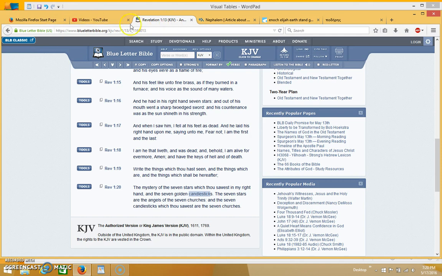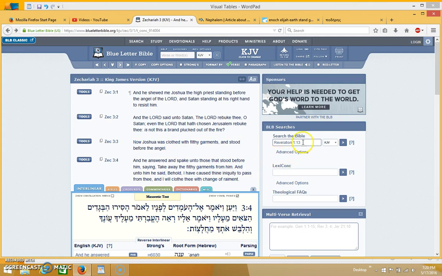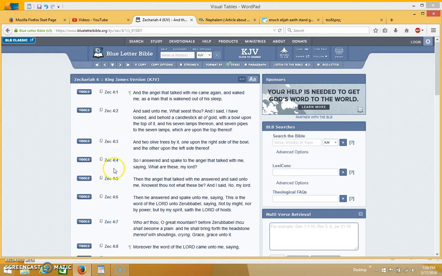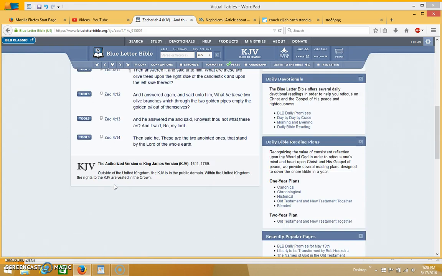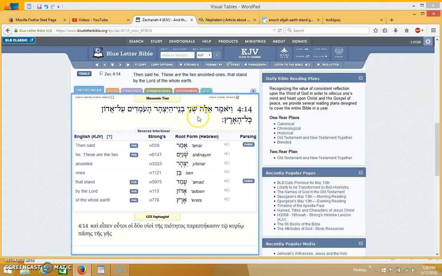And when you go back to Zechariah 4, you'll see that there's a direct link there as well to the New Testament, and that's actually in verse 14, where it talks about the 2 anointed ones.